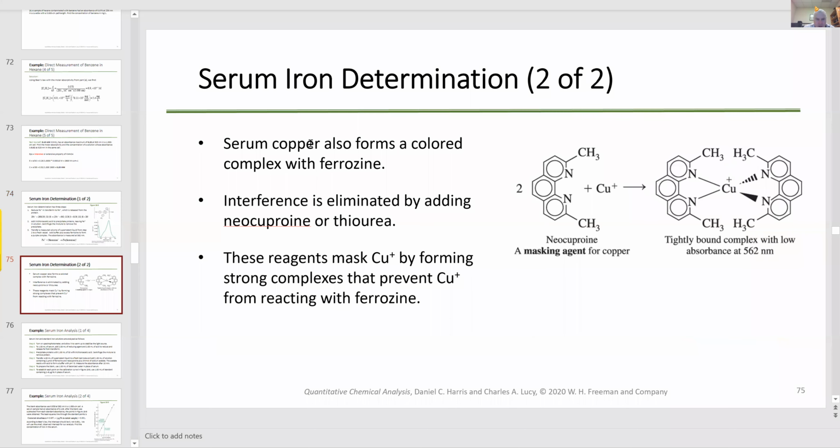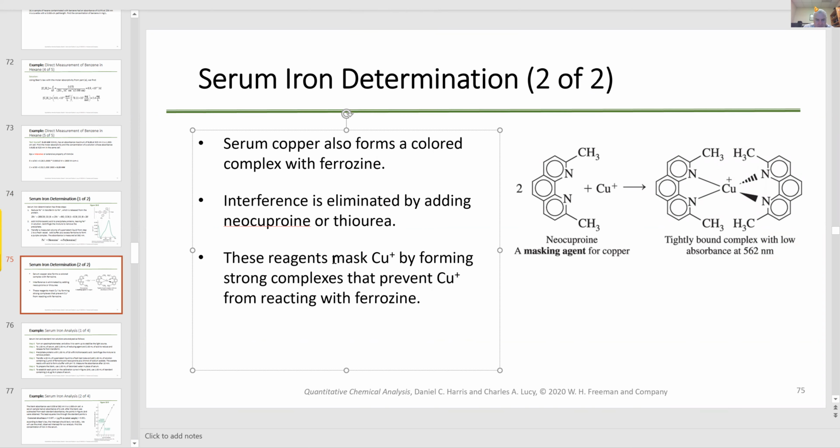And then you can also measure copper that way, but you can reduce the copper interference with thiourea or something like that. And the masking here, this is what we're doing with the copper, we're masking it, right?